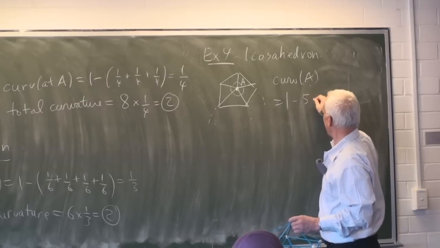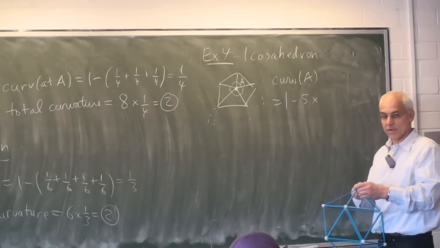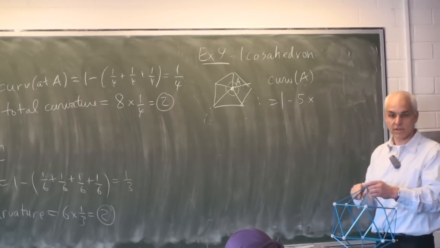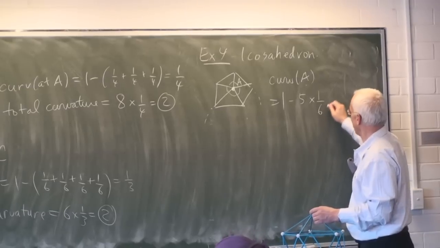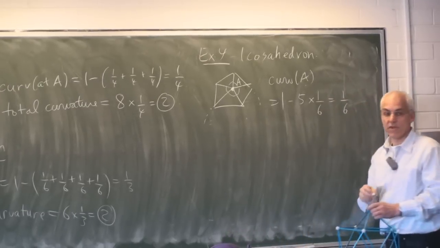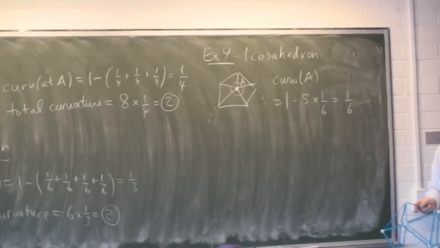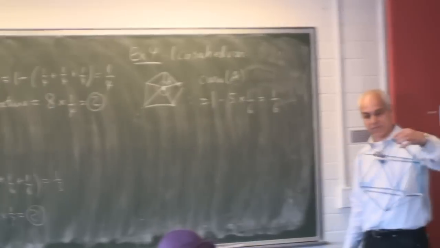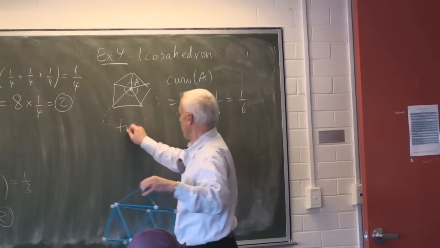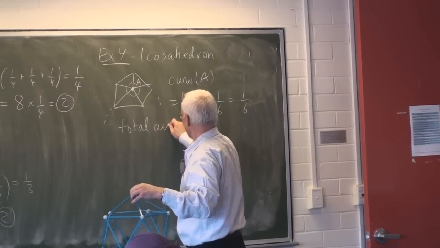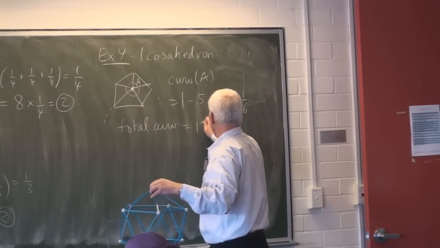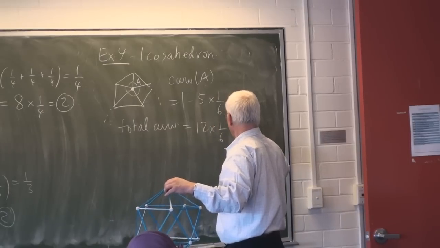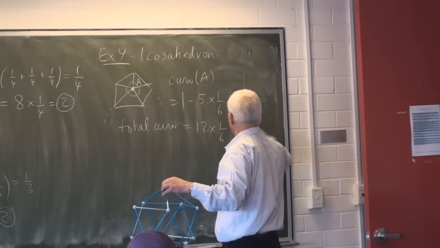And so it's 1 minus 5 times 1/6, since it's an equilateral triangle, which is 1/6. And how many vertices are there altogether? There are 12. So the total curvature is 12 times 1/6 equals 2.